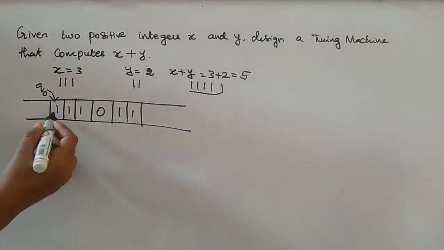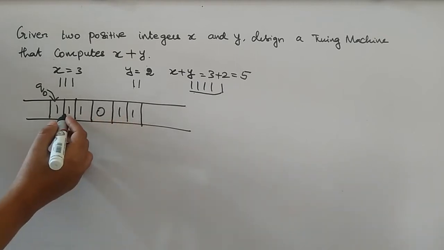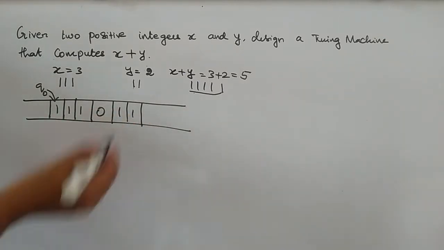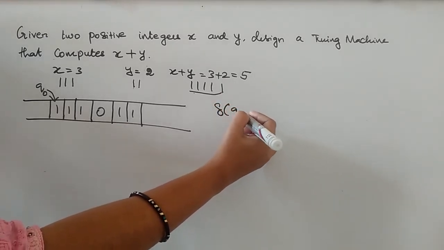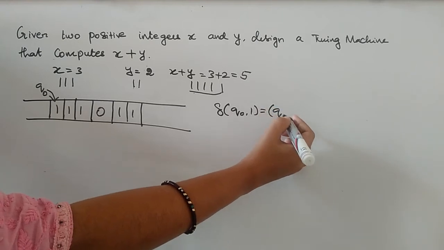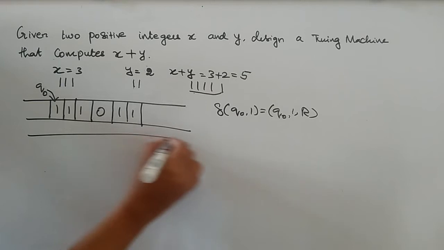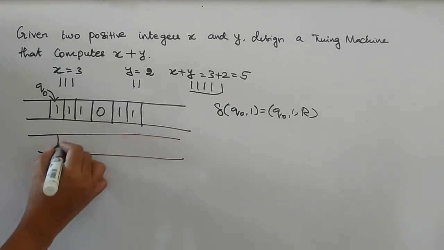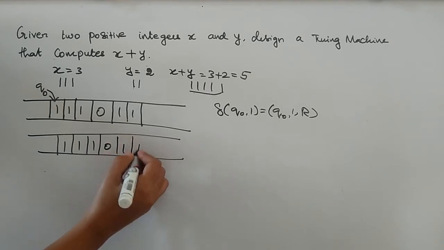Simply we can move the pointer towards the right so as to manipulate the rest of the symbols. That's why here I can write delta of q0 comma 1 equals q0 comma 1 comma R. It means the pointer will be moved towards the right.